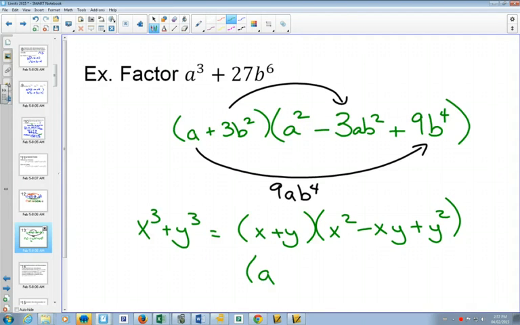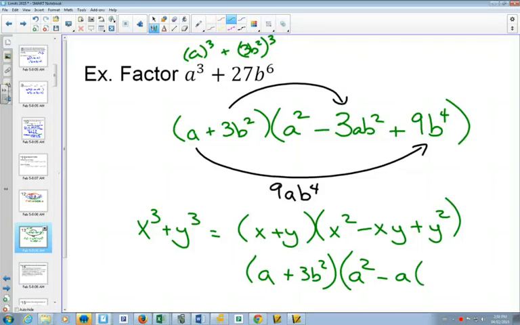And if my y here, this is a cubed plus 3b squared cubed. So my y would be 3b squared. Then I would have plus 3b squared. X squared would be a squared minus a times 3b squared plus 3b squared all squared.